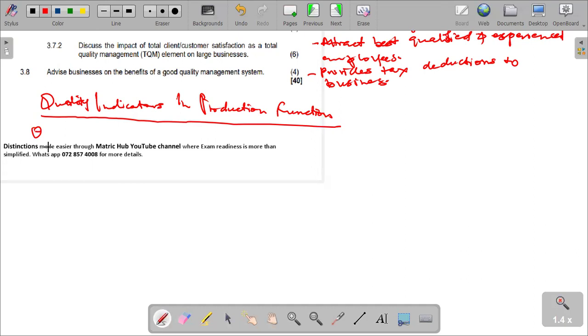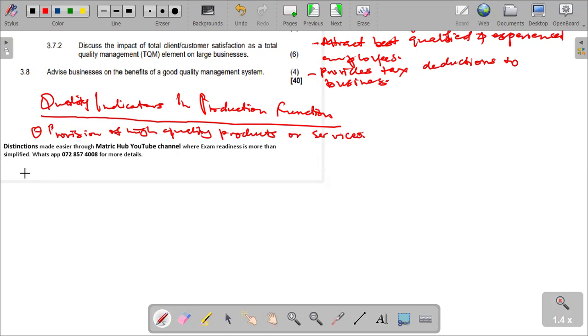One, we are saying provide high quality products and services according to specification. Production of high quality products or services, according to specifications.